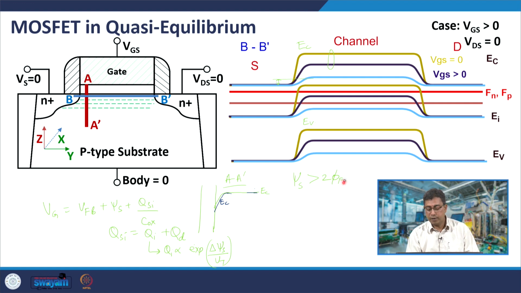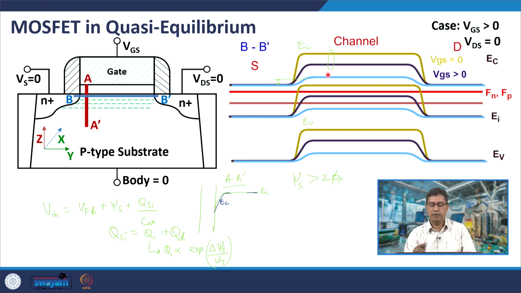So, when you have surface potential larger than 2 phi f, suppose it is this case, then as you increase the gate voltage any further, there is almost no increase in the surface potential, because that increase in gate voltage would be supported by a very small increase in surface potential. And because the difference between the conduction band energies of source and channel is now quite small, there would be thermal injection of electrons from the source into the channel, and this is what happens in strong inversion.